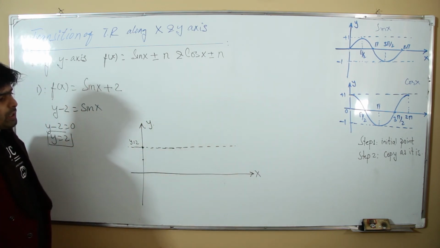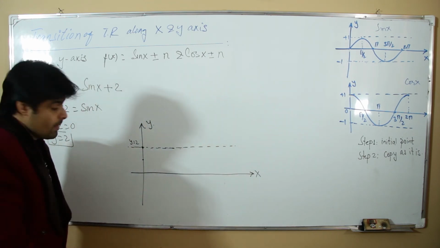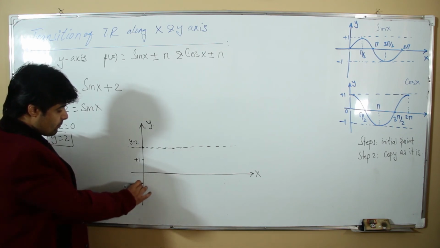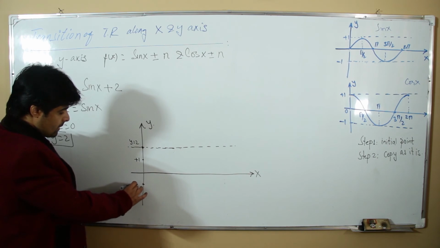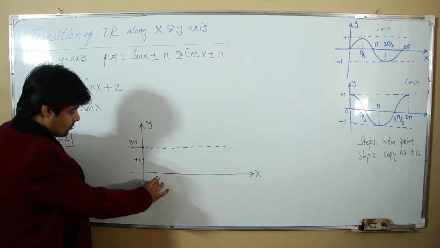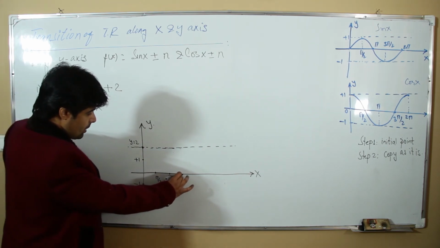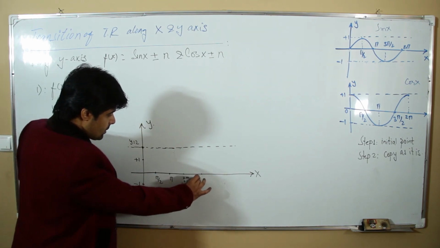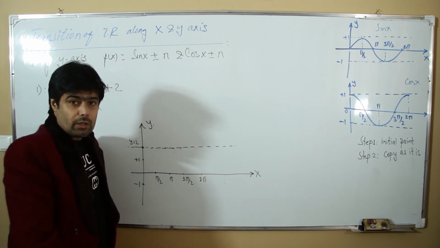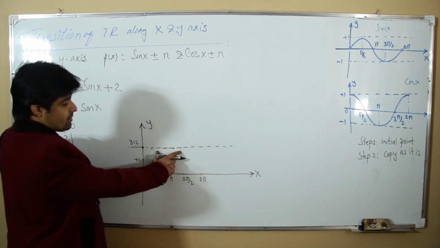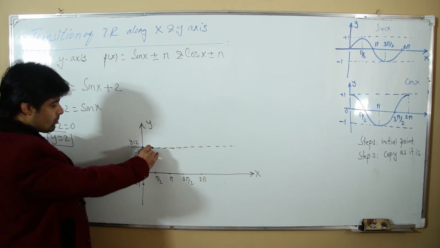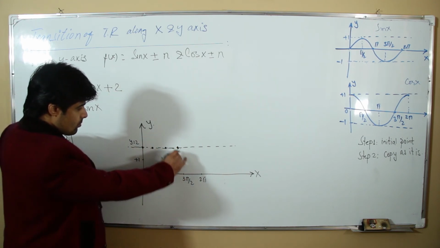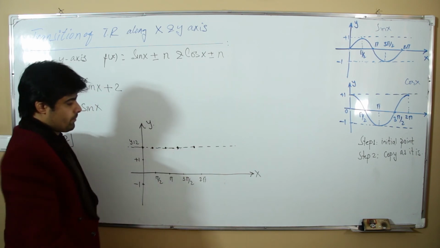Now, how can we draw our graph? Our graph of sine was between positive 1 and negative 1. This is pi by 2, this is pi, this is 3 pi by 2, and this one is 2 pi. Copy these numbers on this line: pi by 2, pi, 3 pi by 2, and 2 pi.